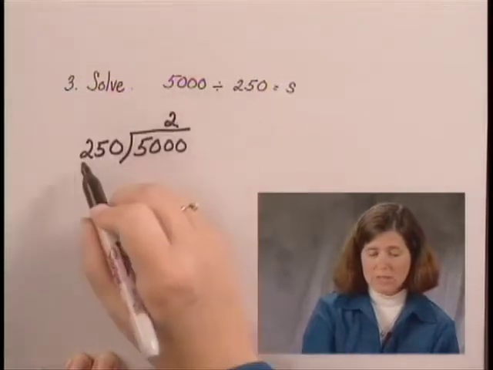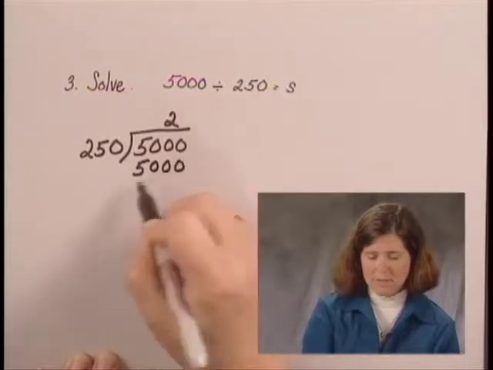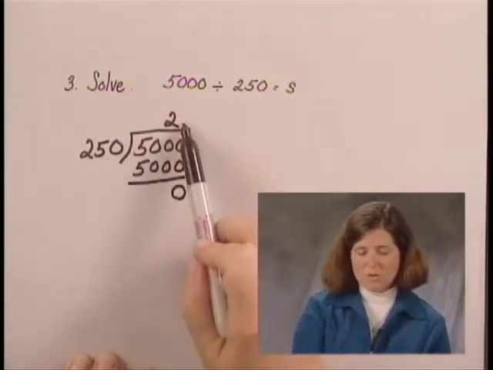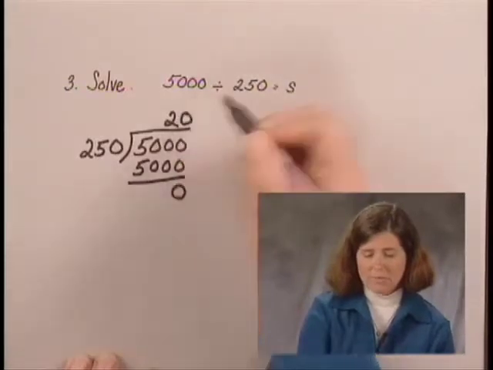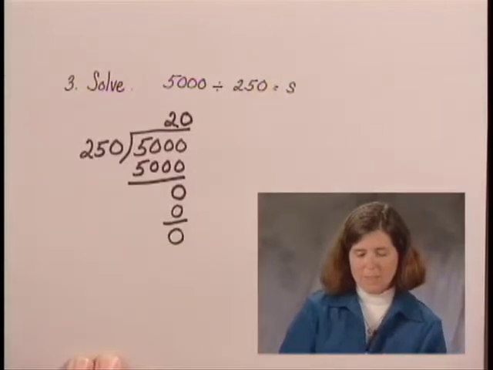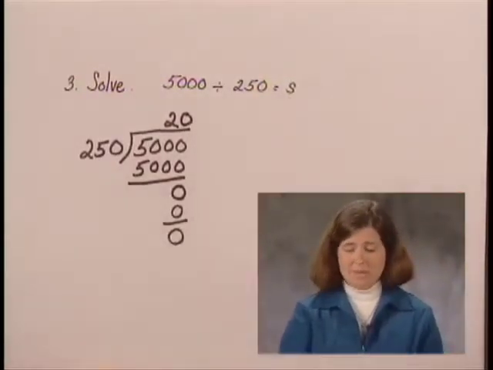That's actually 20 times 250, which is 5,000. We subtract and get a 0 remainder. We think 250 goes into 0 ones 0 times, and we could subtract if we want to, continue to get a 0 remainder. And so we have an answer of 20, and that equals S.